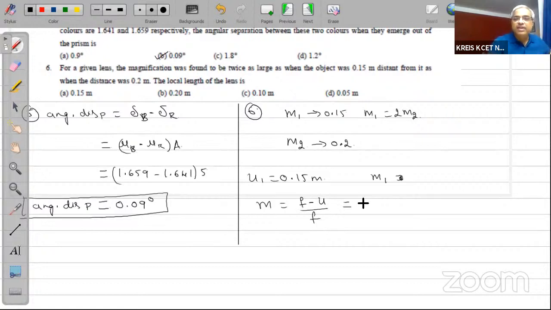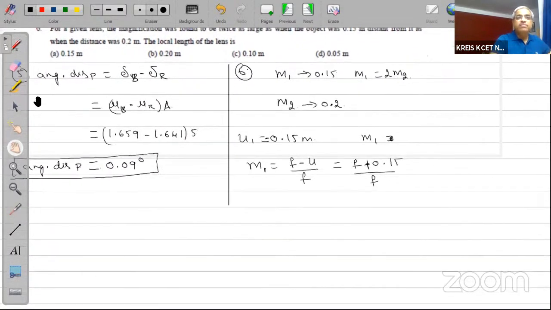This I will write as M1 will be equal to F minus 0.15, object distance ಅಲ್ವಾ, ಅದು ಯಾವಾಗ್ಲೂ negative ಇರುತ್ತೆ. So I will get this to be F plus 0.15 divided by F.